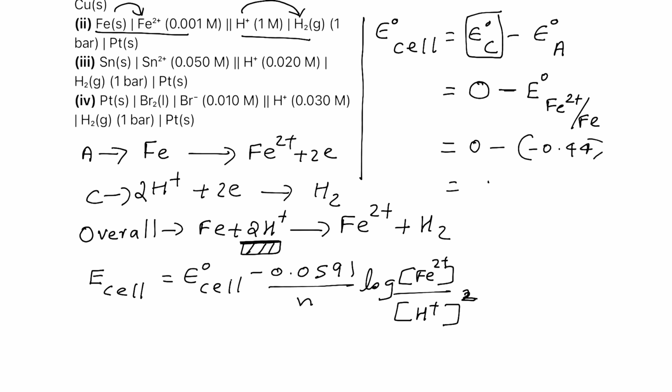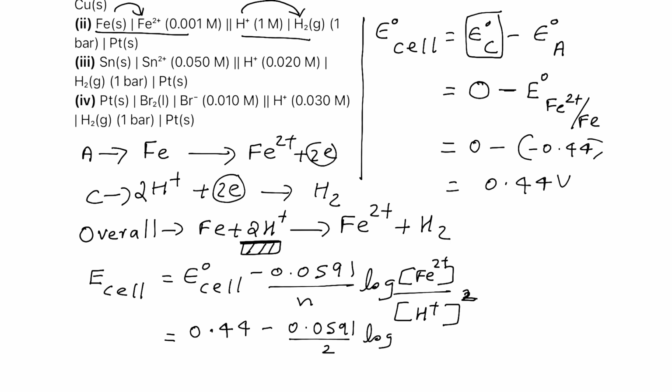So you will get 0.44 volt. Substitute it here and you will get the value of E cell. So 0.44, we got E0 cell, minus 0.0591 by n. What is n? It's very clear, 2 electrons, right? Then log, what is the concentration of iron? Check, it is 0.001.